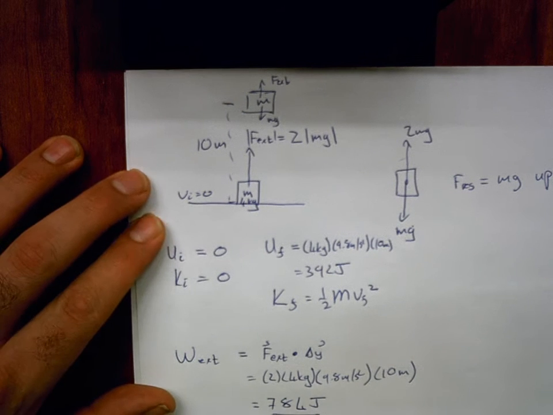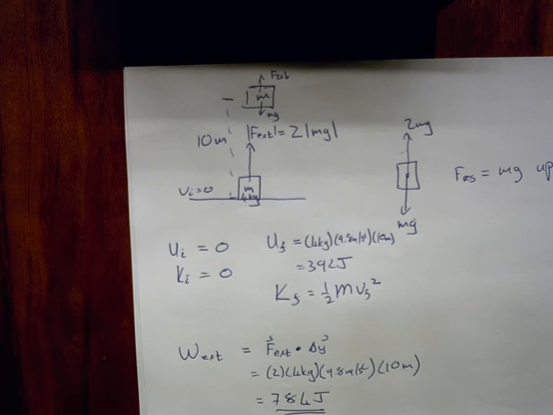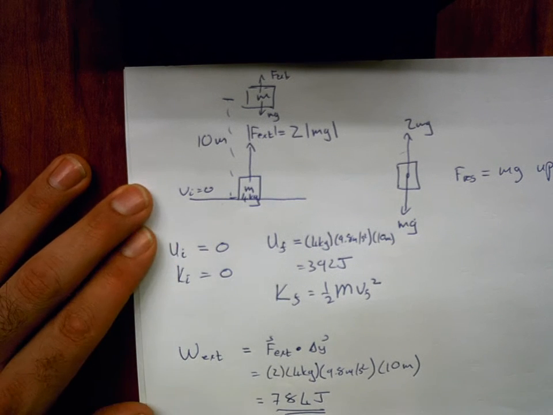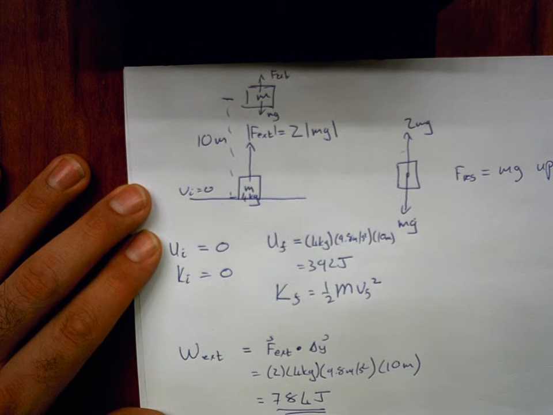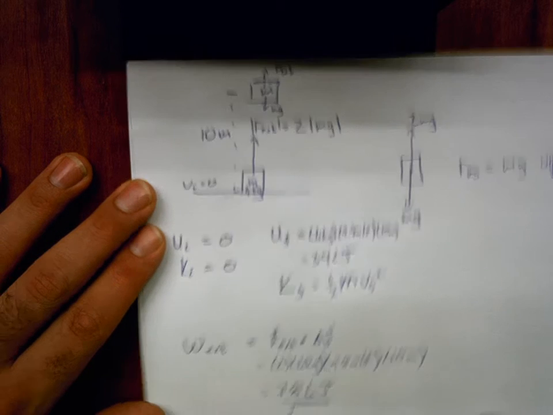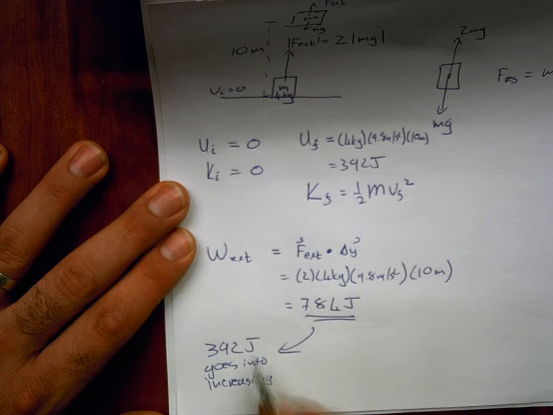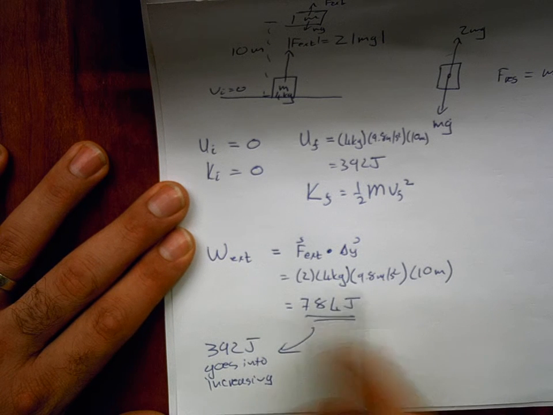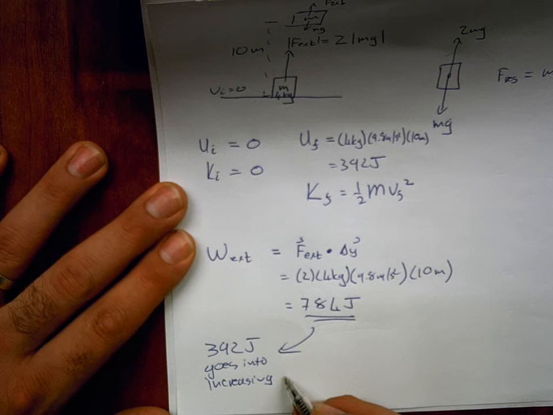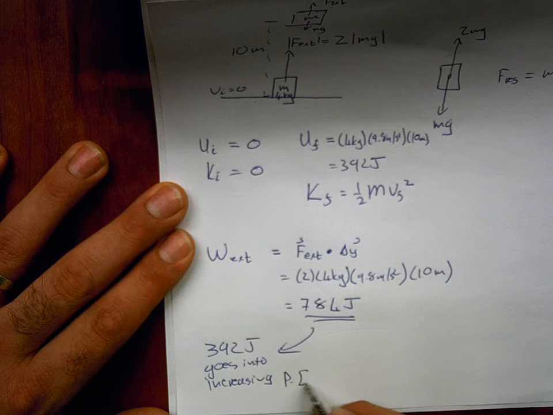Now, out of all this work being done, we can consider this energy being transferred into the system. So 392 joules of this amount of work being done goes into increasing the potential energy.